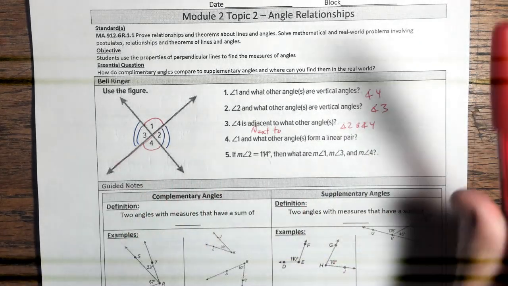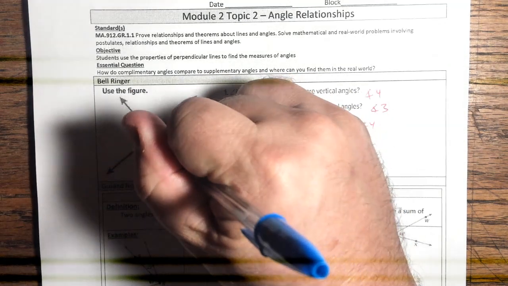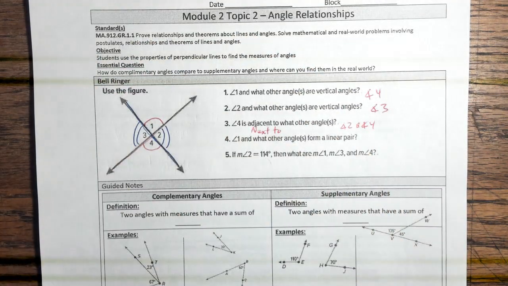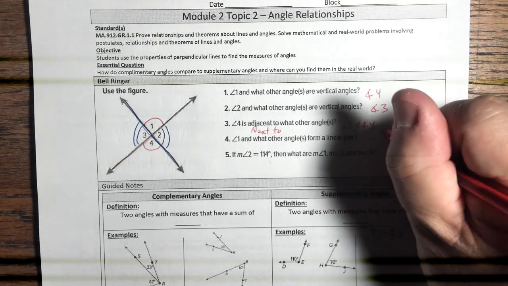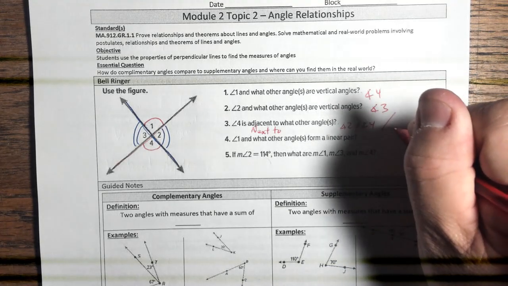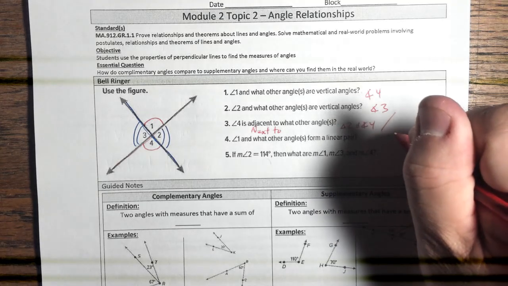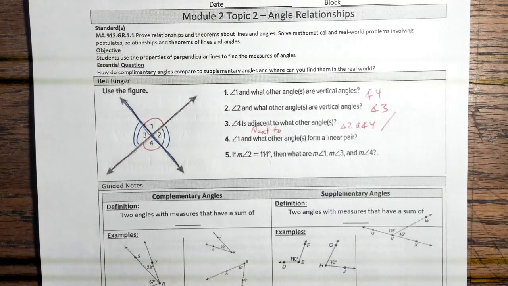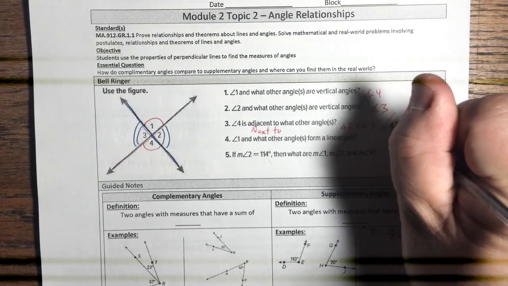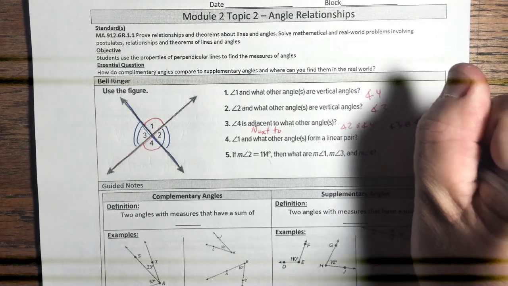And then if we follow this line, see that 3 and 4 are next to each other. So it's 2 and 4, and angle 3, angle 4.